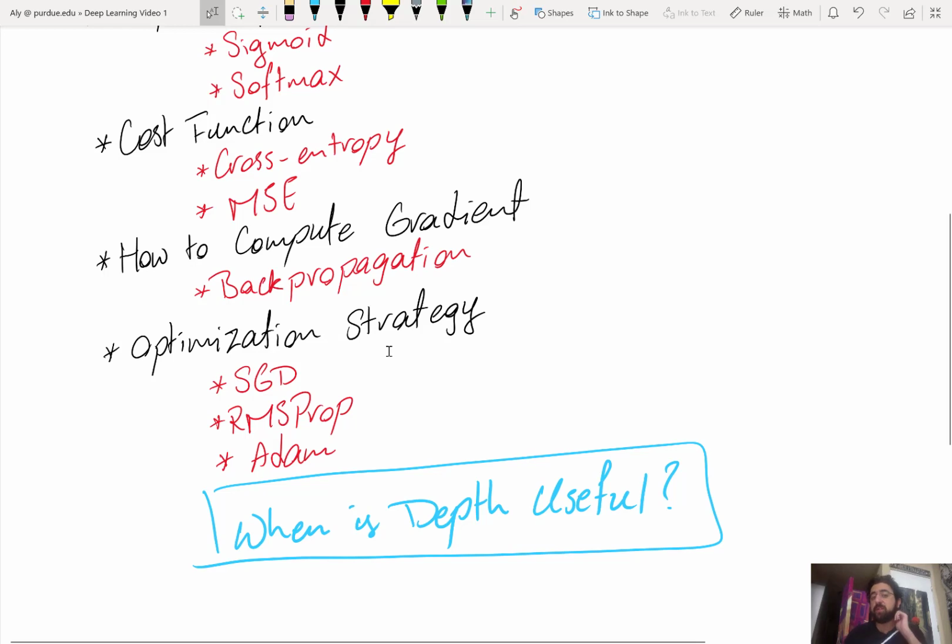Another thing we will discuss: after you compute the gradient, you want to use the gradient to minimize the cost. There, a huge component is the optimization strategy, and we'll discuss that in the third section of the course.